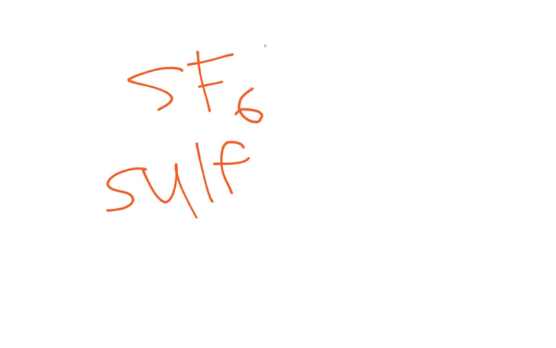Let's do one more example. SF6. Let's make that a subscript. So this would be sulfur. And remember, we don't use monosulfur because the first element has only one atom, and we don't need to use the prefix.